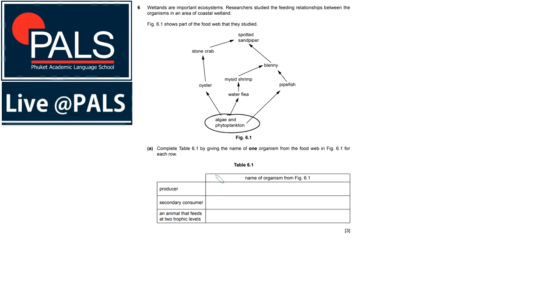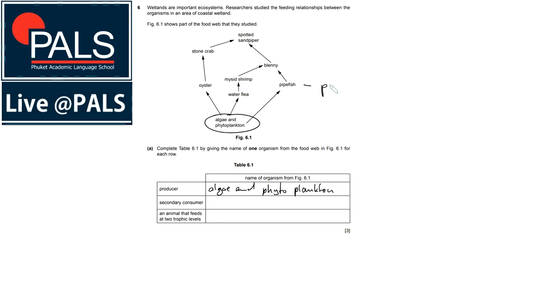So algae and phytoplankton. Secondary consumer. So the algae and phytoplankton are eaten by oysters, water flea, and pipefish.